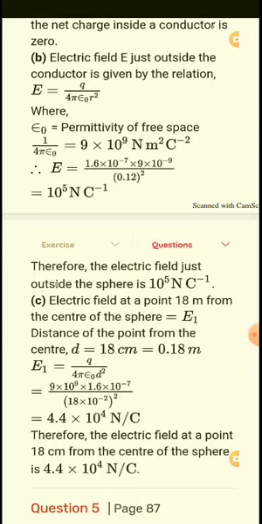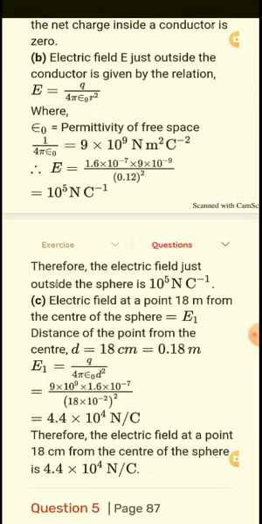Electric field at a point 18 centimeter from the center of the sphere will be equal to E1. E1 is equal to Q divided by 4 pi epsilon naught into d squared. D is given as 0.18 meter.